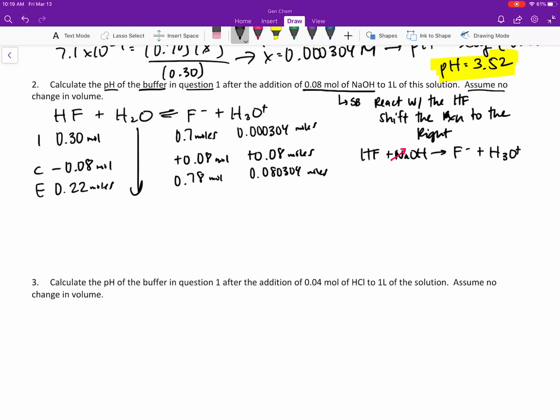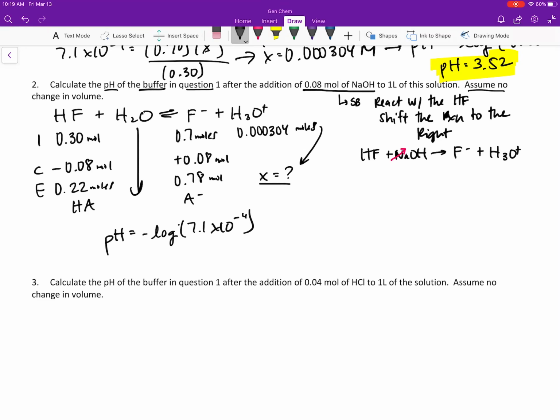What I really want to solve for is what this value is going to be. Even though we're starting with this amount, we don't necessarily know it directly, if that makes sense. This is our unknown, and so now we can use the Henderson-Hasselbalch equation.